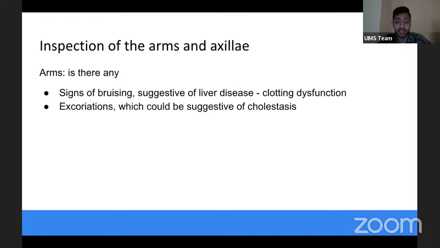Excoriations are described as scratch marks that may be caused by the patient trying to relieve themselves from all of the itching, and this can usually suggest cholestasis, which is usually due to bilirubin irritating the skin.